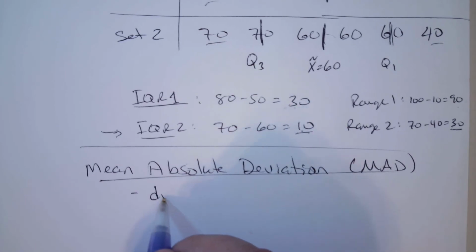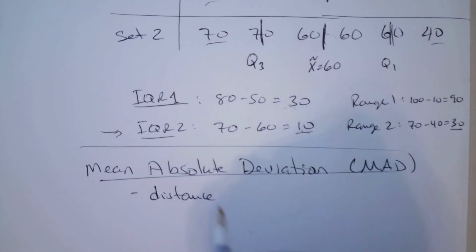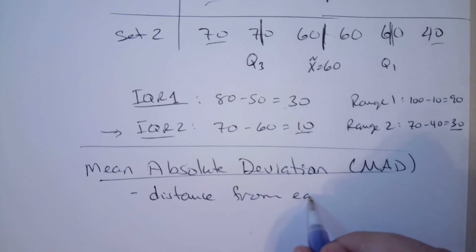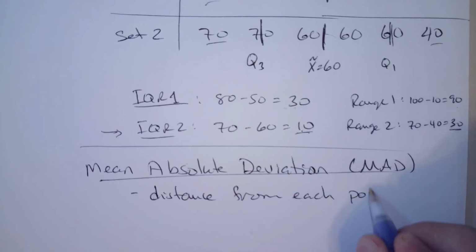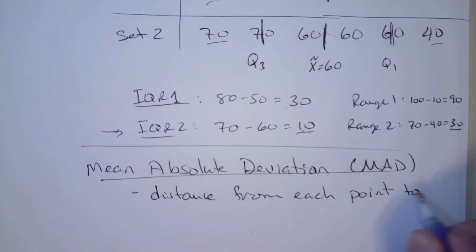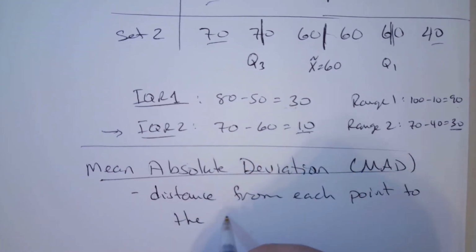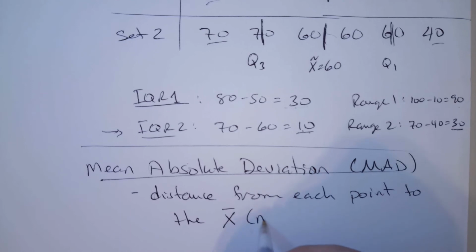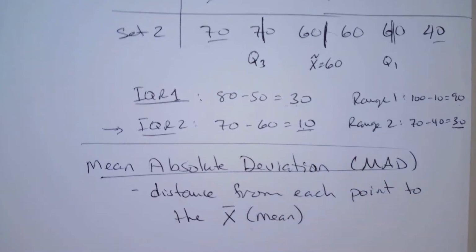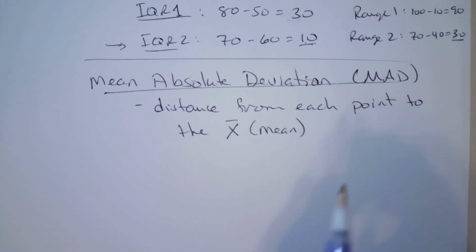This is the distance from each point to the mean. What we're going to do here is see how far it all varies from the average of all the data.